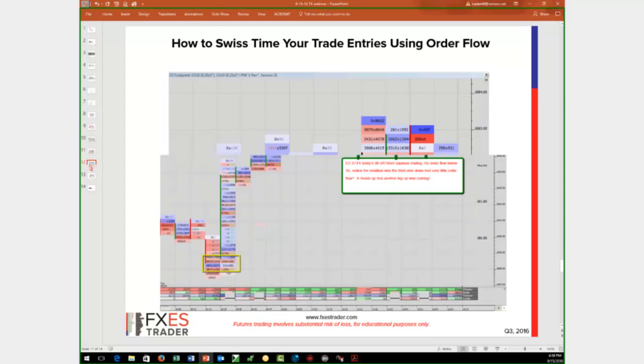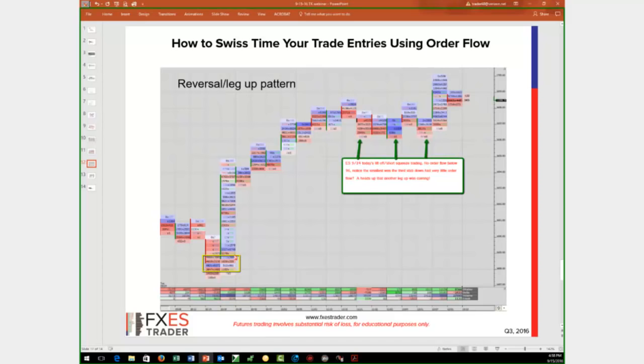Next example here is a lot of what we saw today. This was a rip fest that almost was the open test drive that we saw right off the open. We tested down a little bit, and then just the rips took. So when you see a lot of these, looks almost like a skip, that means that there's some pretty strong buying coming in.